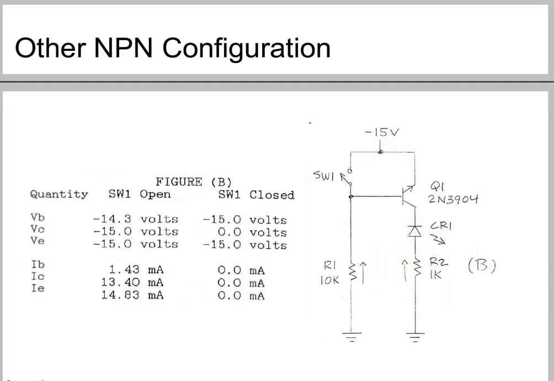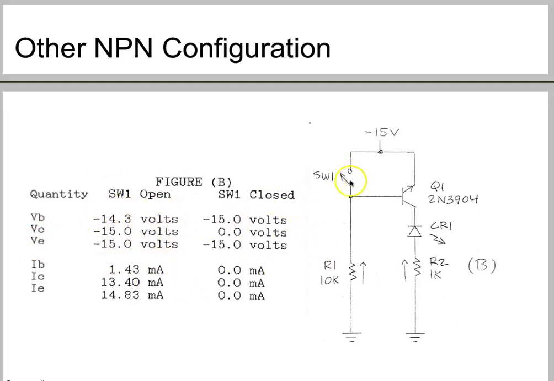This table basically summarizes all the potentials and currents for this circuit when the switch is open and when the switch is closed. These are the potentials VB, VC, VE. When the switch is open, we'll get these values.